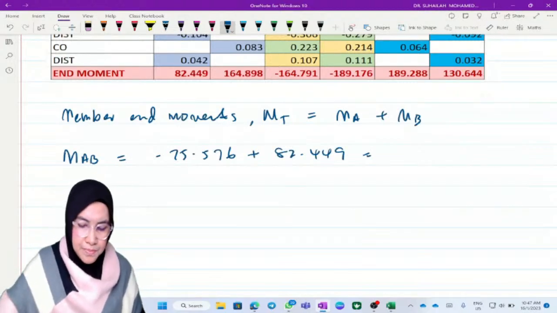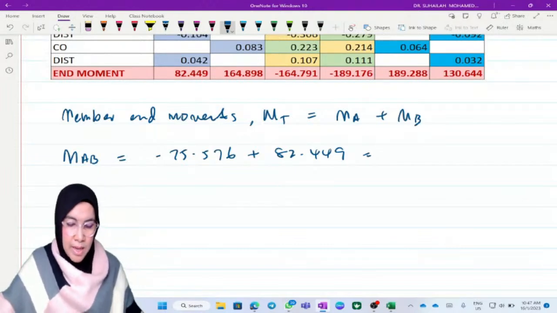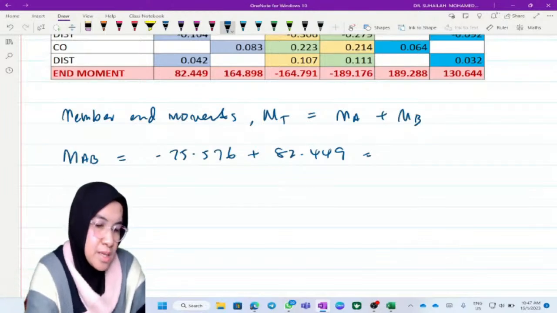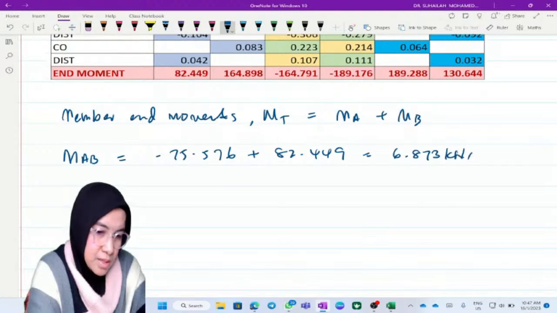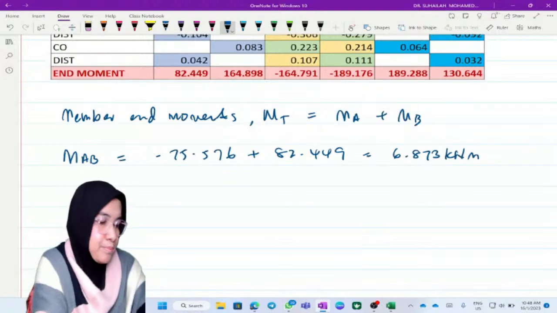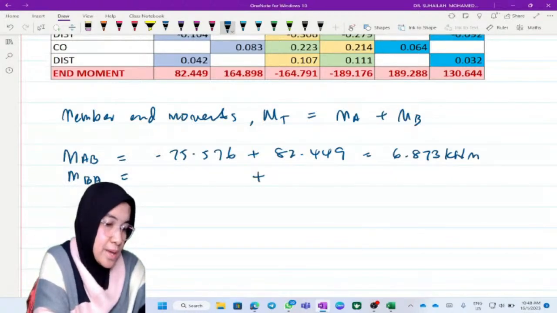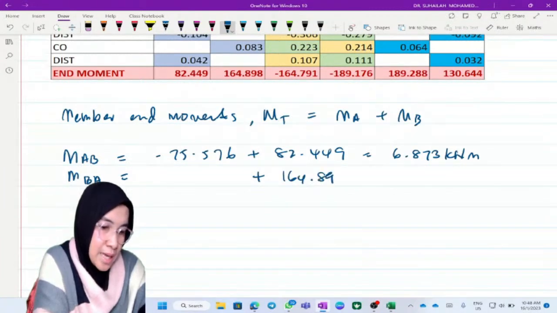Total these two, negative 75.576 plus 82.449, so we get 6.873 kilonewton meter. Okay, so we calculate for MBA. So MBA, this one is 164.898.